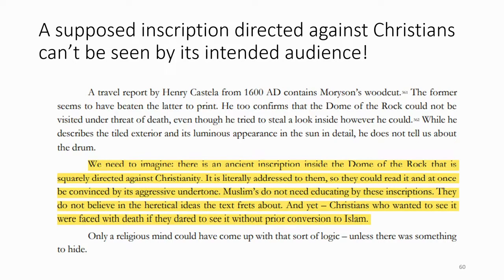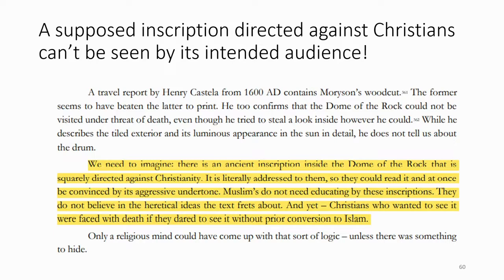So AJ Deus says, we need to imagine there is an ancient inscription inside the Dome of the Rock that is squarely directed against Christianity. It is literally addressed to them, so they could read it and at once be convinced by its aggressive undertone. Muslims do not need education by these inscriptions. They do not believe in the heretical ideas the text frets about, and yet Christians who wanted to see it were faced with death if they dared to see it without prior conversion to Islam.